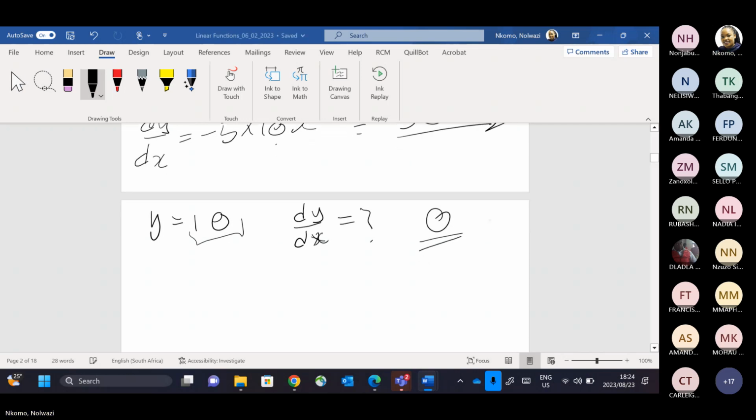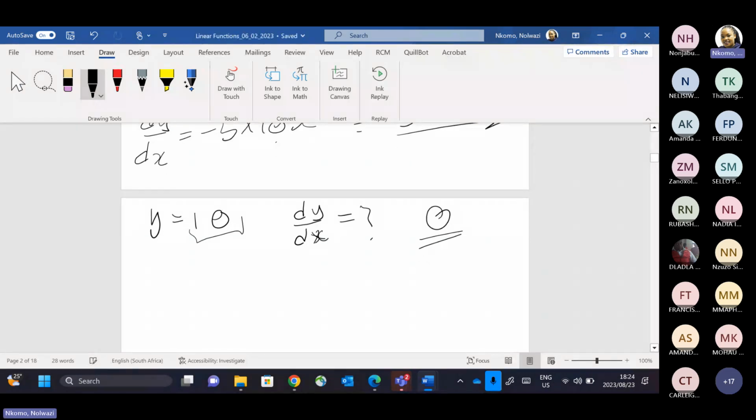Okay. Remember, we said if we are given y equals kx to the power n, right? Then your dy over dx will equal kn x to the power n minus 1, right?